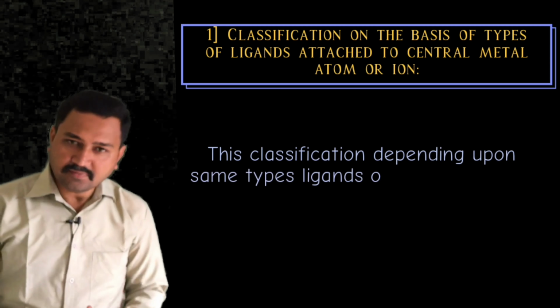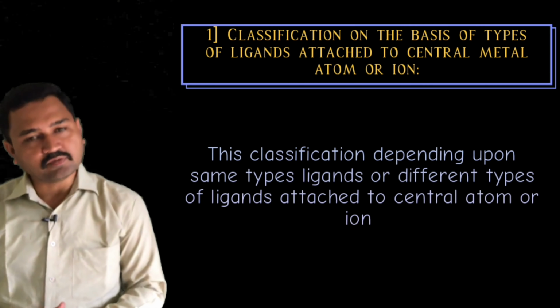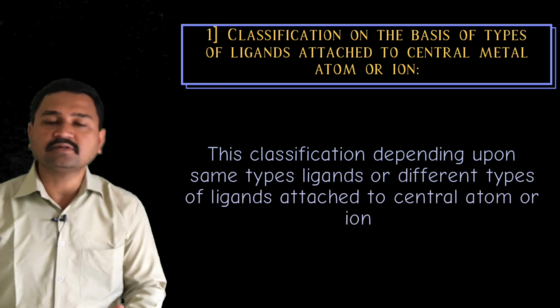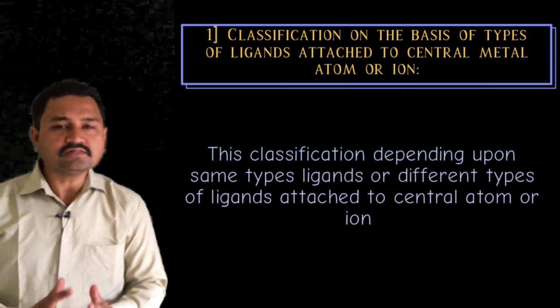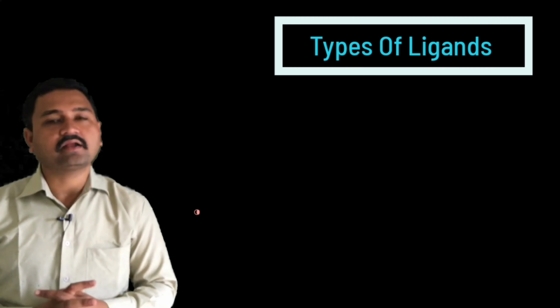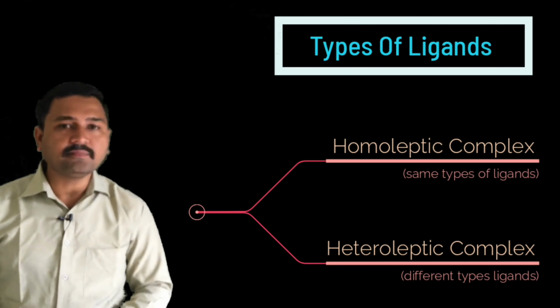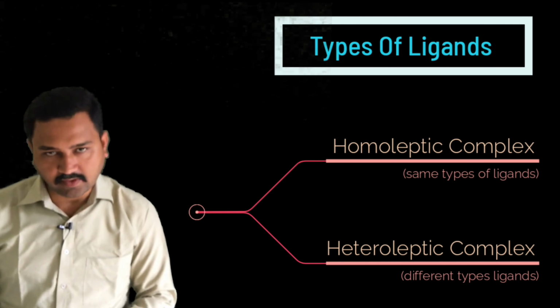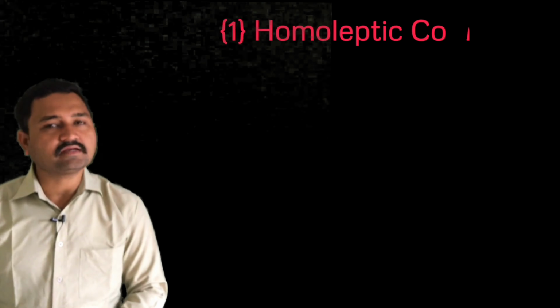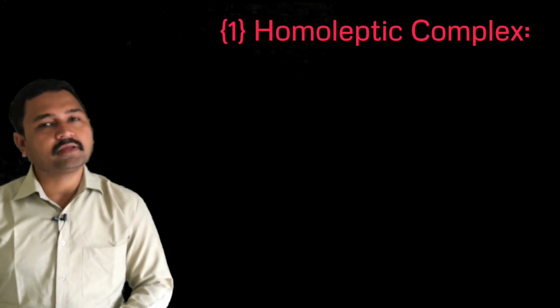Generally, the same type of ligand or different types of ligands are attached to the central metal ion. In this classification, the coordination complexes are classified into two types, that is the homoleptic complex and the heteroleptic complex. Now let us start with the first, that is homoleptic complex.